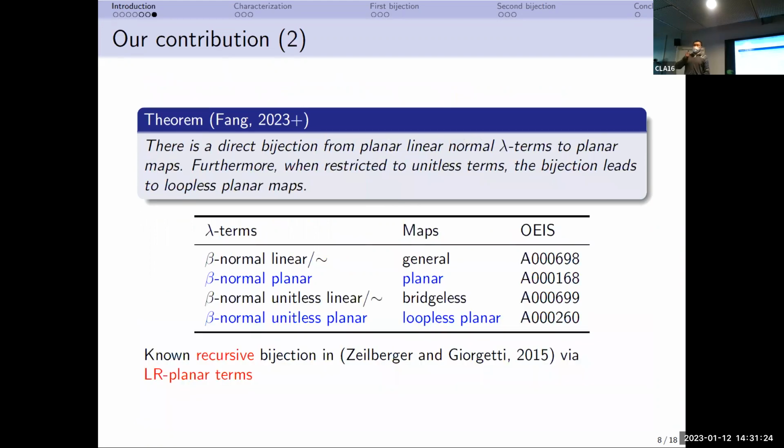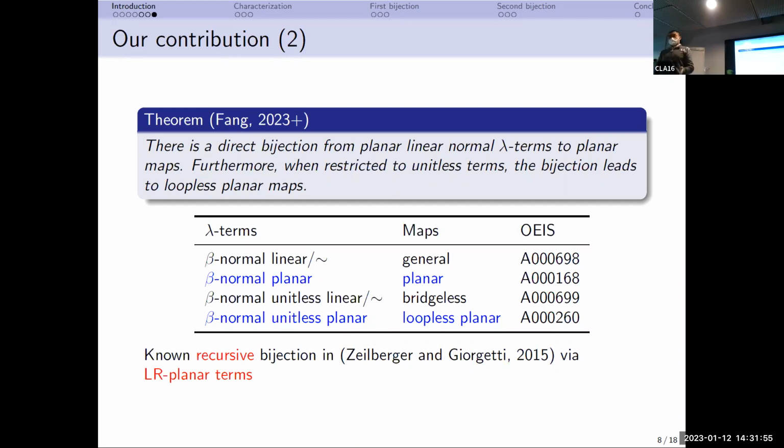The second contribution here is that we realize that the same kind of approach applies also to general planar linear normal terms. So using the same kind of approach, we constructed another bijection, which is also direct, between general planar linear normal lambda terms and planar maps, which we already know the correspondence.